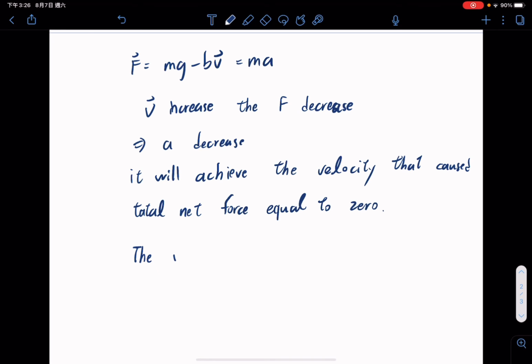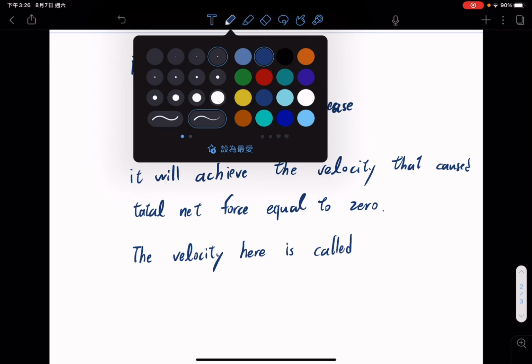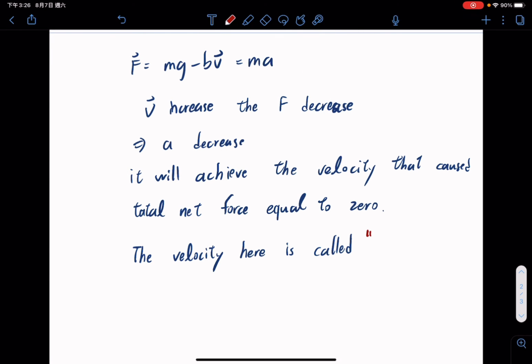The velocity here is called the terminal velocity.